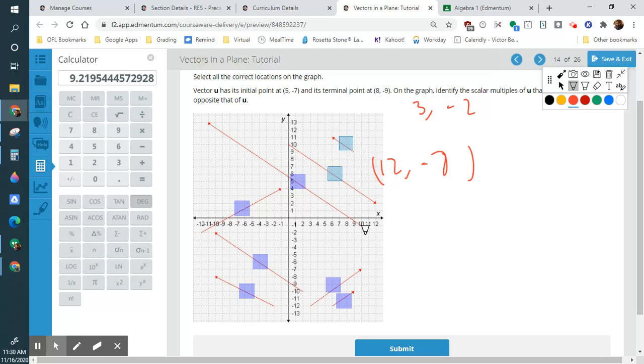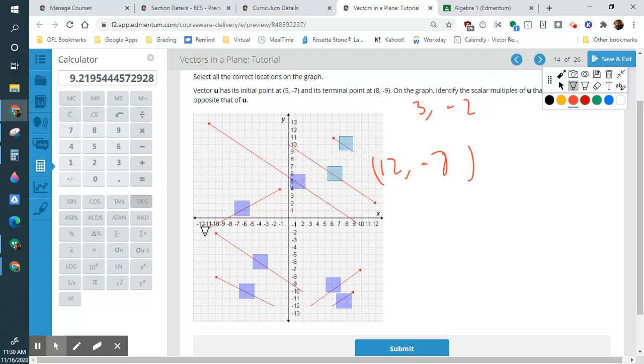Let's take a look at this one. So this one, we're starting off at negative 1, and we're going all the way up to 13? 13. So there's really no way for us to get from negative 1 to 13. That's 14. 3 can't turn into 14, so that's not right. Let's take a look at this one.